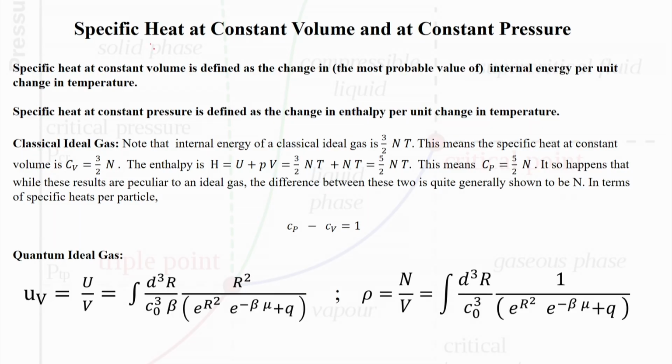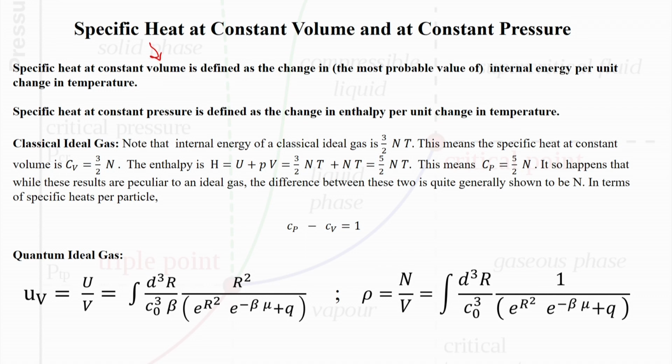That is called the specific heat at constant volume, because you are fixing the volume and, of course, the number of particles. The volume is fixed, so that the system does not have flexible walls. So, that is what I have written here in this sentence.